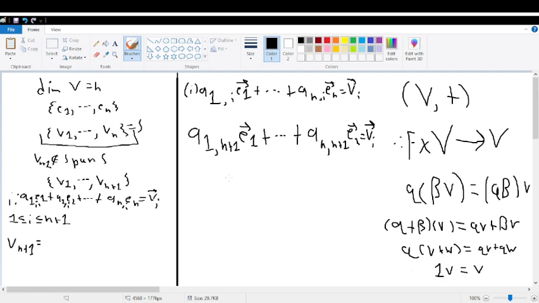This means that we can write en bar is equal to vi bar plus a n minus 1 n plus 1 e to the n minus 1 bar plus and so on, plus a1 n plus 1 e n plus 1 bar, all divided by 1 over a n plus 1.